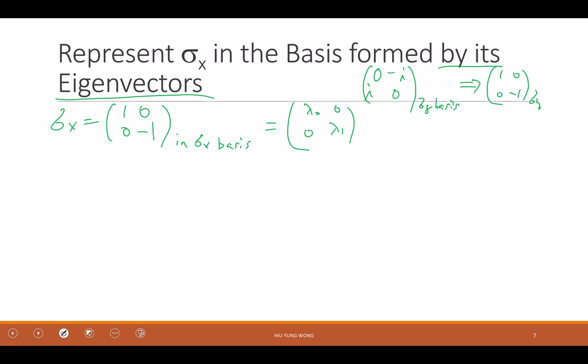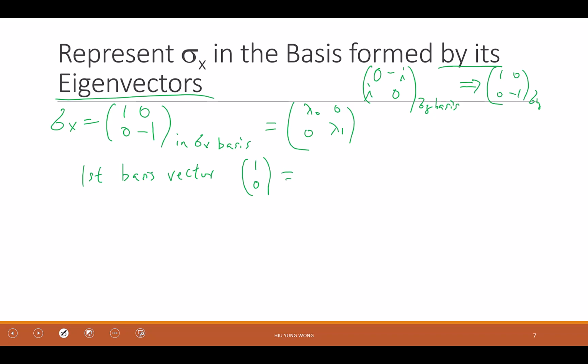Okay? And because of this, what is the first basis vector in this case? When I write in the sigma x basis, what is the first basis vector? Still 1, 0, right?